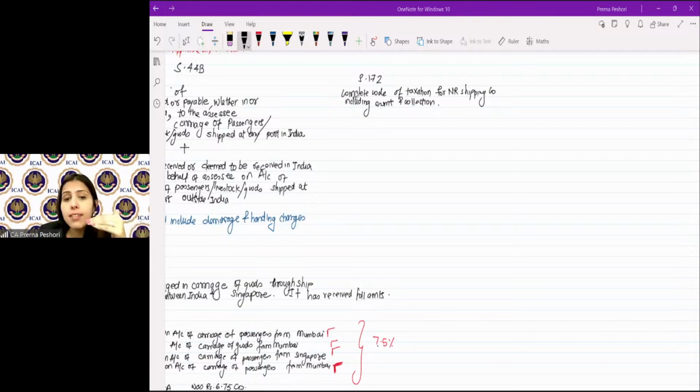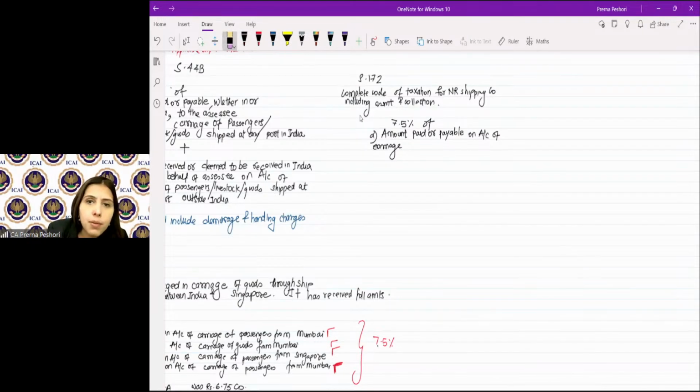It says where a ship carries passengers, livestock, mail or goods, then here also 7.5% is the rate, of the amount paid or payable to the assessee on account of carriage of livestock, passengers or goods.